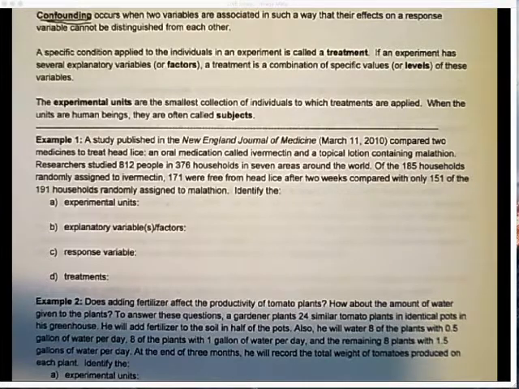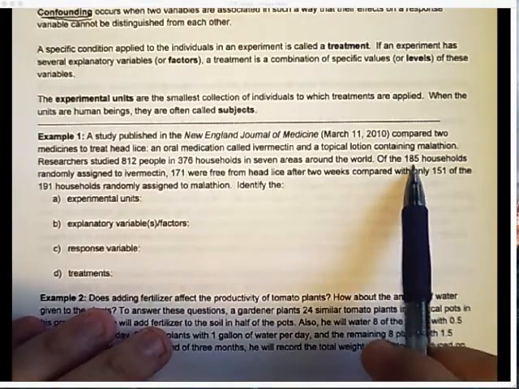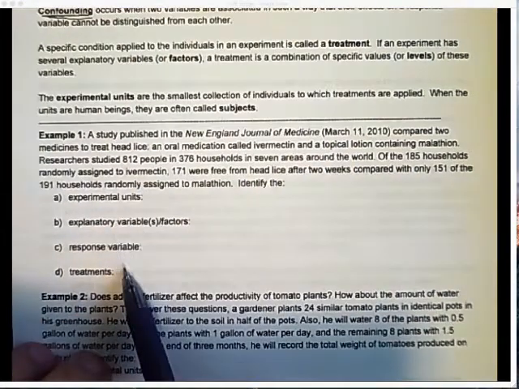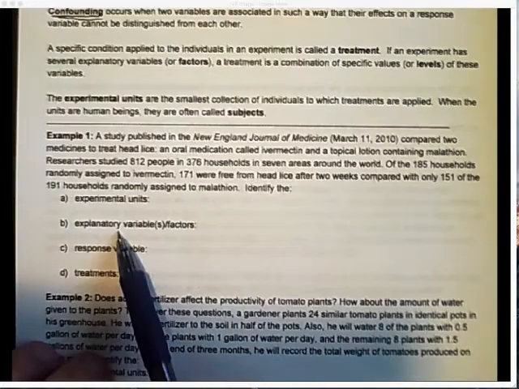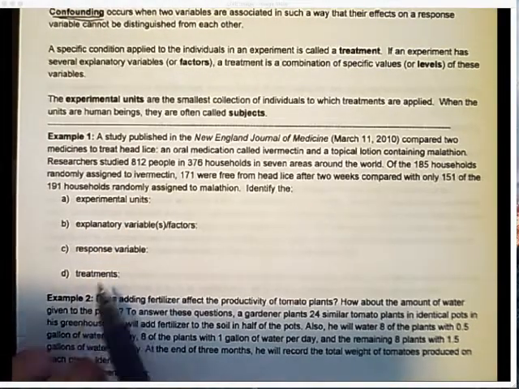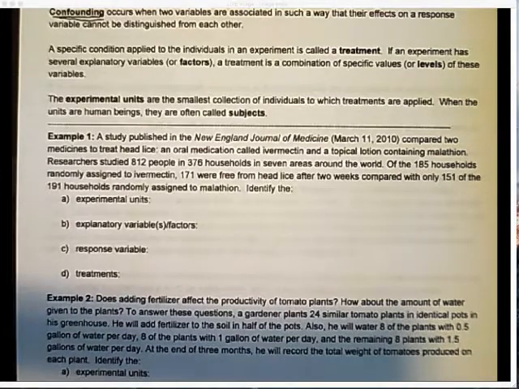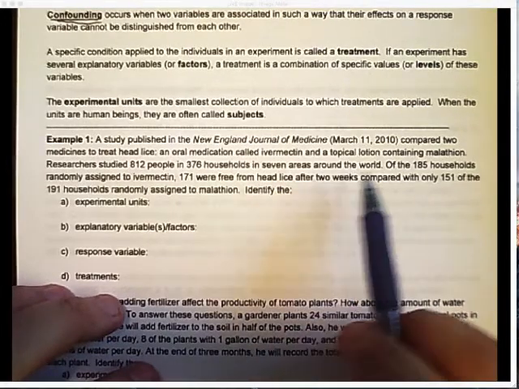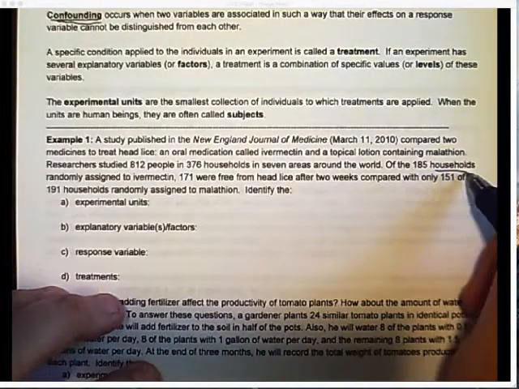Identify the experimental units. We kind of have to read this and try to identify these things. You might first think that the experimental units are the people, but the results they give us have to do with households.